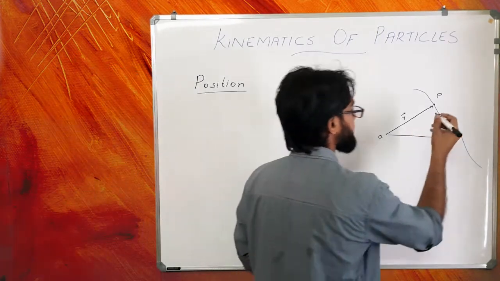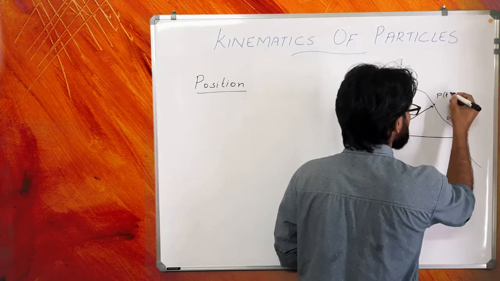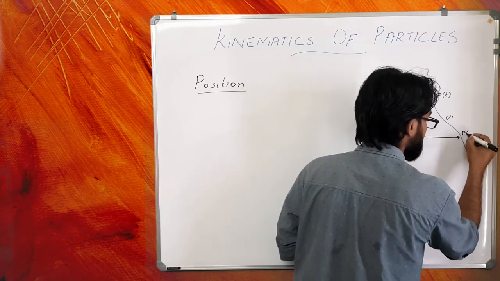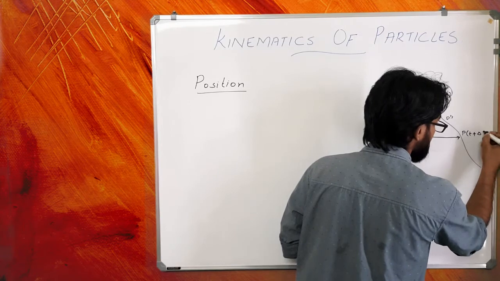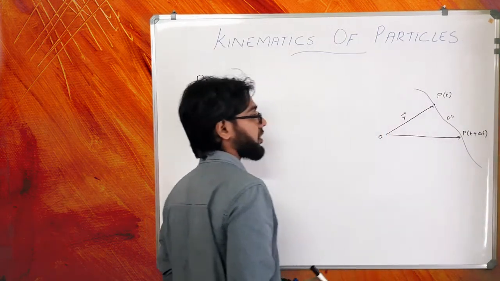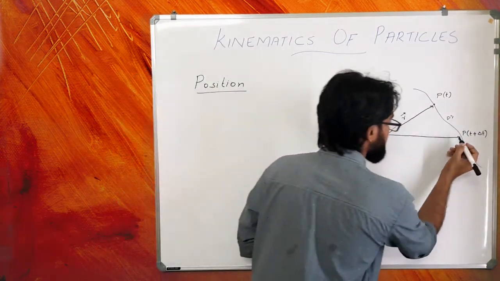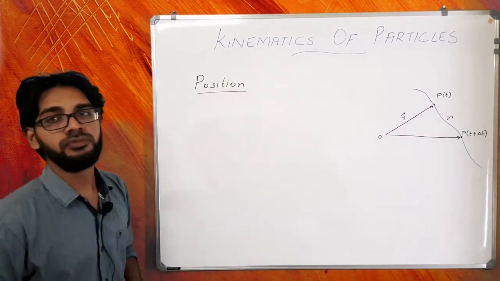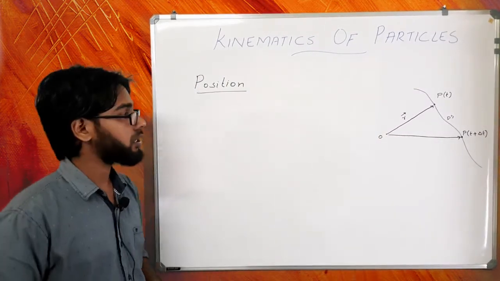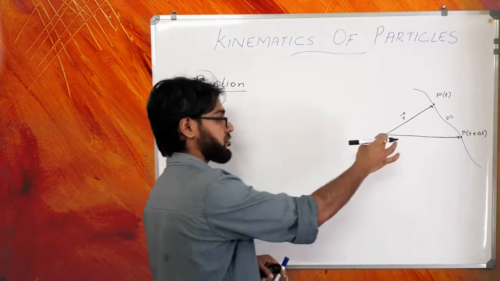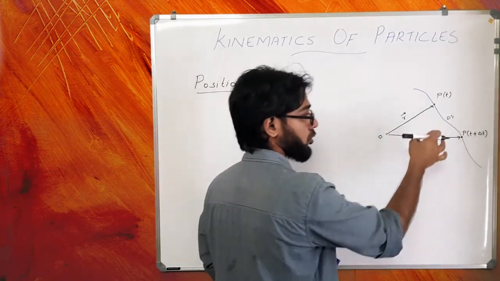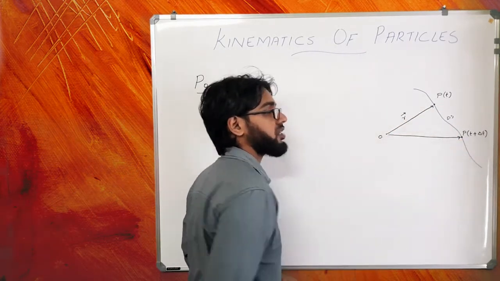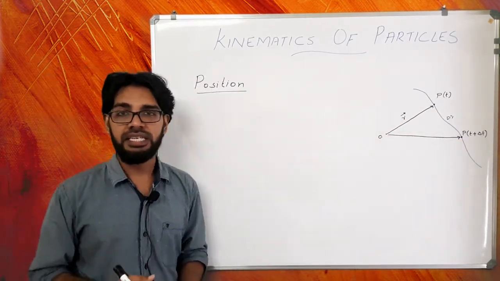So I can say that this is at point P at time t. This would be the position of the particle after the time interval delta t. Now, there may be some intermediate positions in between which I am not drawing right now. I am considering this position as well as this position after an interval of time delta t.